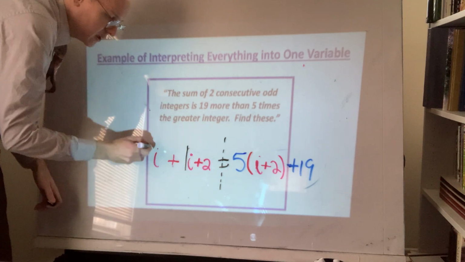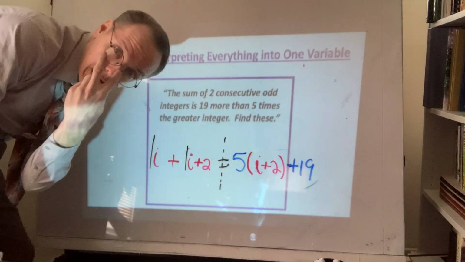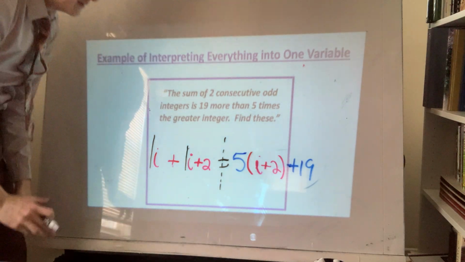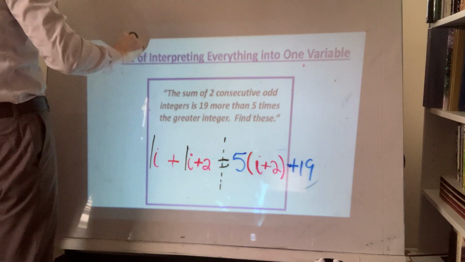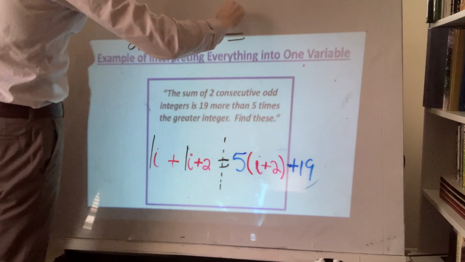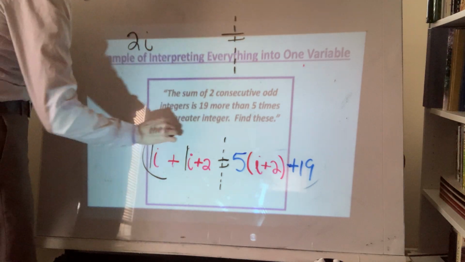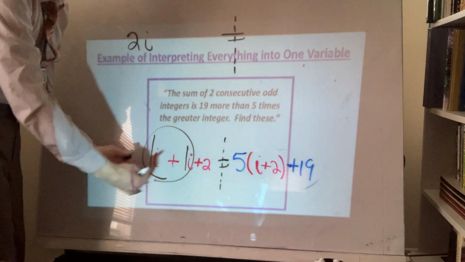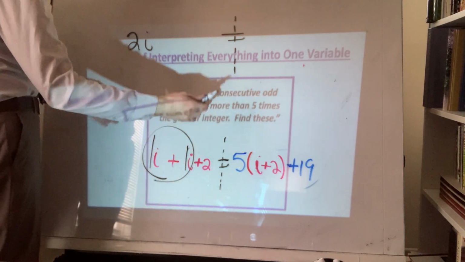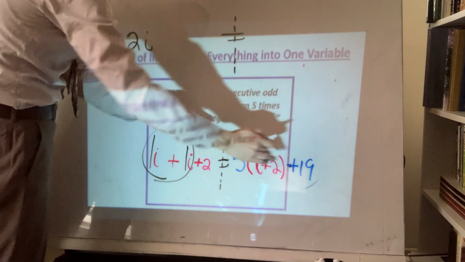This is one I, and this is one I. So how many I's do you have? You technically now have two I on the left side, because these are like terms. We're just combining them. They're an expression as long as we're sticking with one side or the other independently.